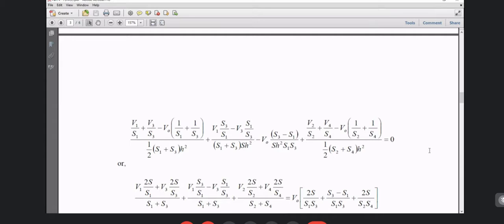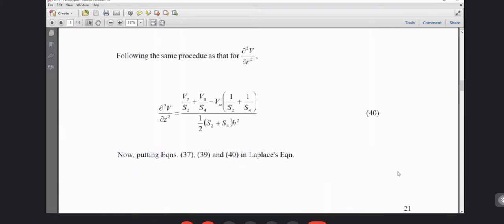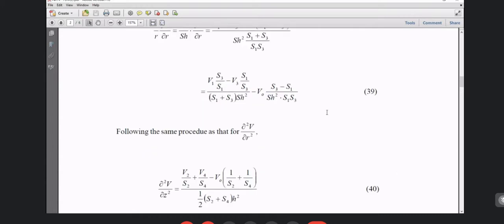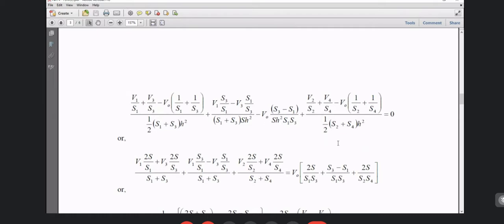That's the last term here on your screen. Then you can see here that 39. It has two terms. These are the second and the third term. That is 1 by r del v del r. Then the first term here is del 2 v del r square.